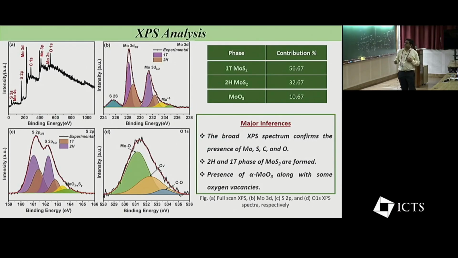Through XPS analysis, you can see that the phases have more of 1T and slightly less of 2H, and there is some contribution from MoO3. This gives confirmation of the presence of all these elements.